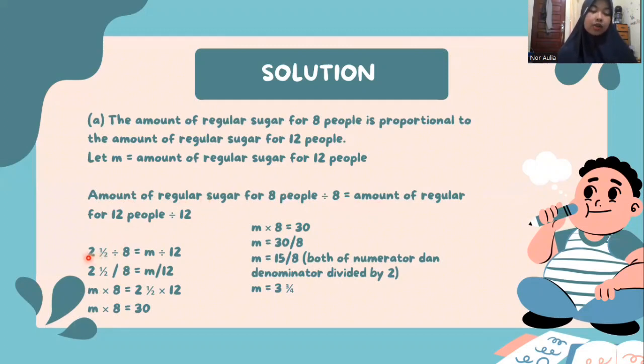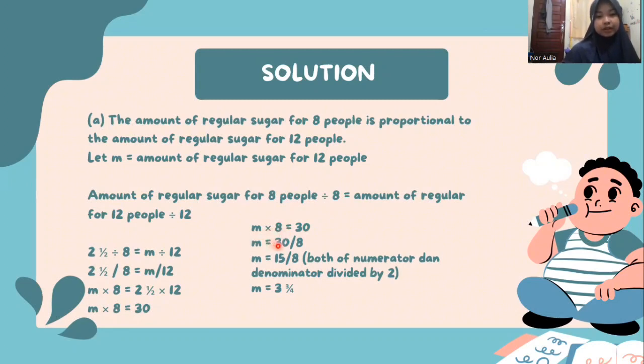So 2 and a half divided by 8 equals m divided by 12. M times 8 equals 2 and a half times 12. M times 8 equals 30.